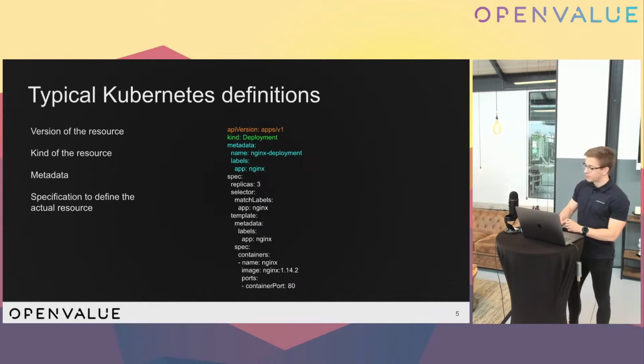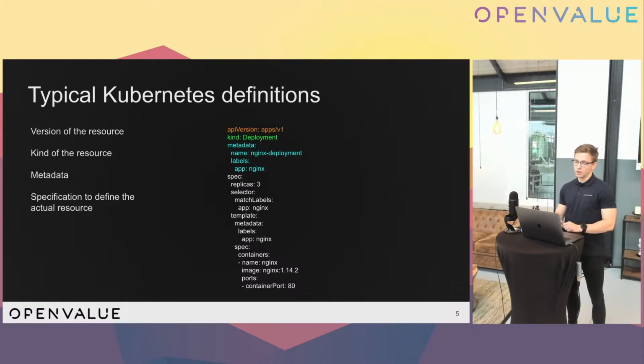In cyan, you see some sort of metadata, which is very important, for example, the name. And then in the white, you pretty much specify the resource, so the attributes that belong to the resource you're trying to create. In this example, it is a deployment. And that's going to be really similar to what we're going to do with Tekton.